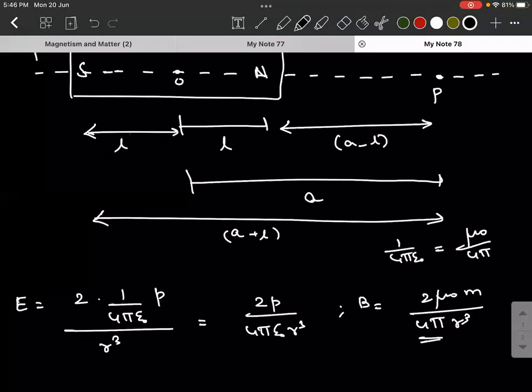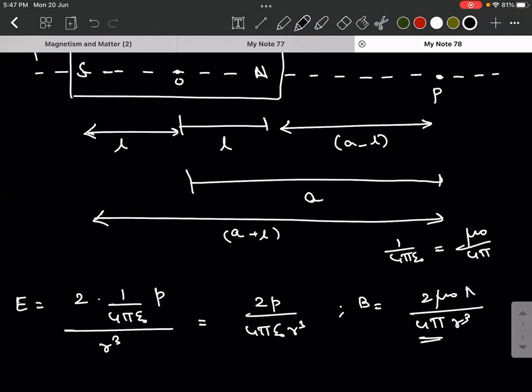That mu is different. I just gave it because I use small m there. M is magnetic pole strength, yes. In the case of electric field, it is dipole moment. Oh, sorry, I'm sorry, what you told is right.